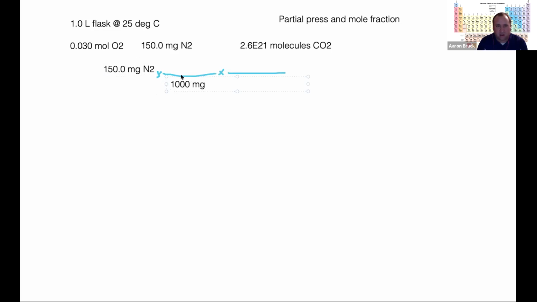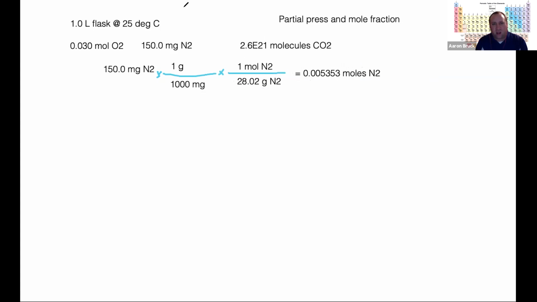There are 1,000 milligrams in 1 gram, and 28.02 grams of nitrogen in 1 mole of nitrogen. So 150 divided by 1,000 divided by 28.02, I get 0.005353 moles of nitrogen.